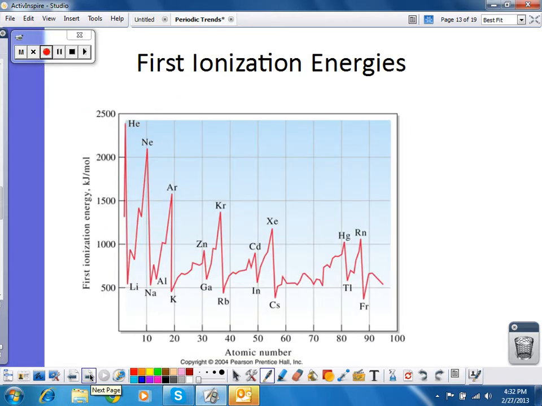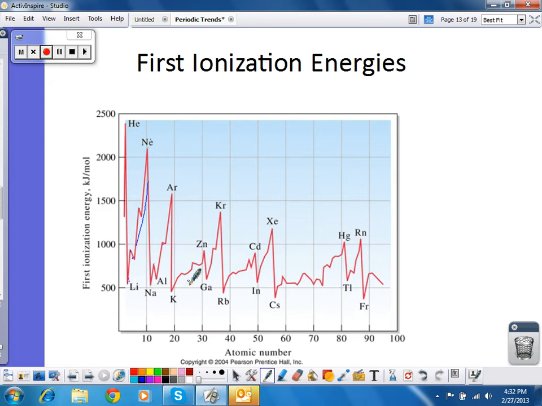So here's a graph of first ionization energies, and you can see the general trend from left to right, this is one period, from lithium to helium. The general trend is to go up, but there are some exceptions. Sodium to argon, the general trend is increasing, but there are some exceptions.